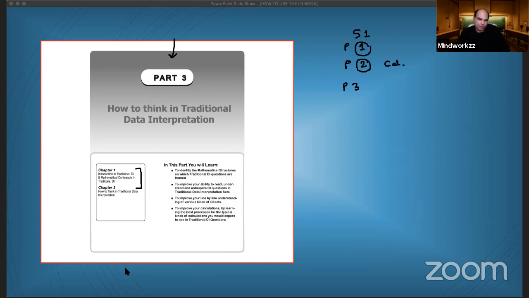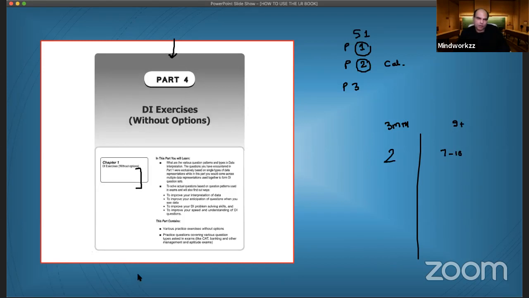This how to think in data interpretation part can be done in around 2 days, and it can take around 10 days also, depending on whether you are in a 3-month preparation time zone or a 9-month plus prep time zone. I would want you to spend a couple of days at least on this to start with. Then part 4 is DI exercise without options.